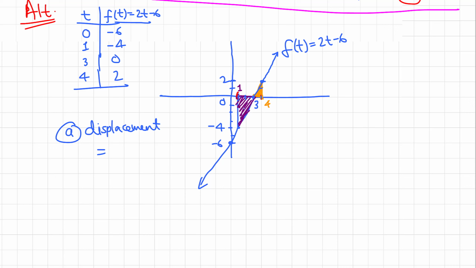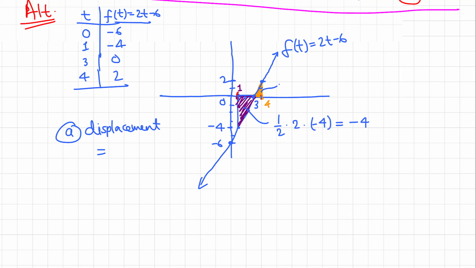What is the area of this triangle? Half times base 1 through 3, that's 2 units, and height 0 through negative 4, that's negative 4. 2 to cancel, 4. So the area of the triangle is 4, but it's below the x-axis, so we are talking about negative.